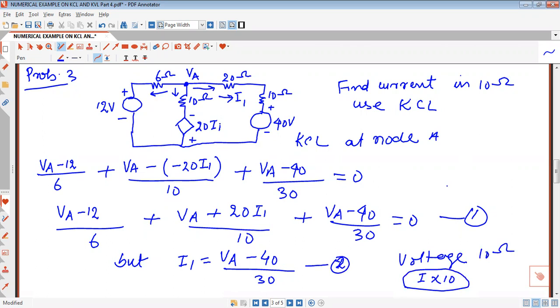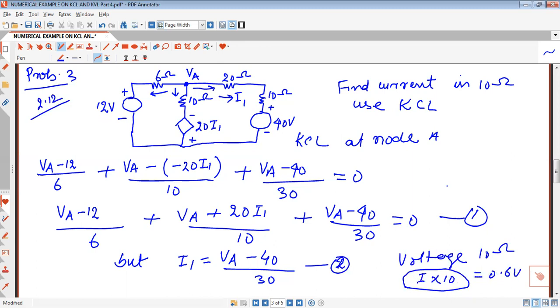This problem is actually taken from the Nagrath book, and this is problem number 2.12 from the Nagrath book. So you can verify its answer. The voltage in 10 ohm is given as 0.6 volt.